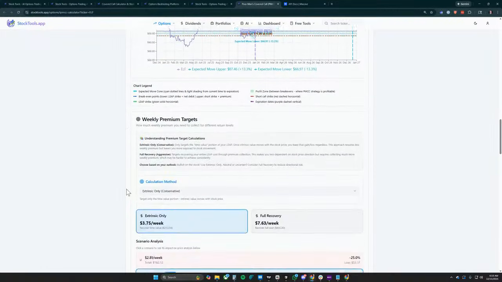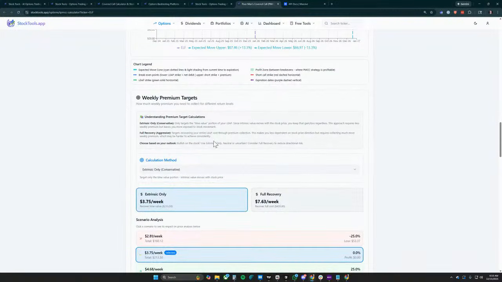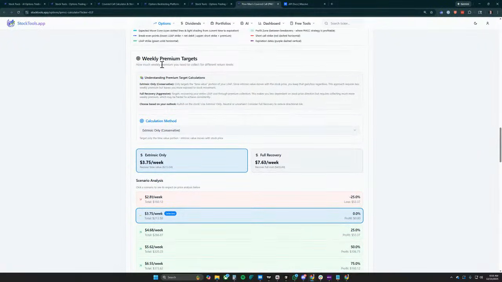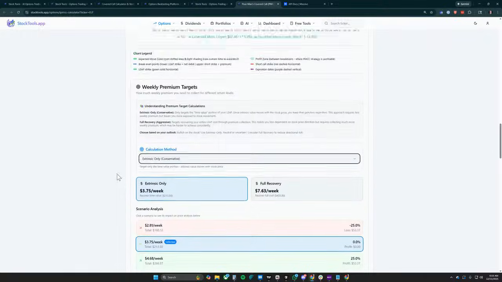And then on the same side, this is actually the weekly premium targets. Do you want to cover the extrinsic only or the full recovery? Usually when you're buying a leap, you're just trying to cover the extrinsic, what's decaying over time. You're hoping the stock is going to go up and not go underneath your leap's strike price.